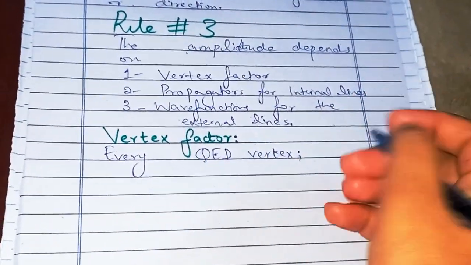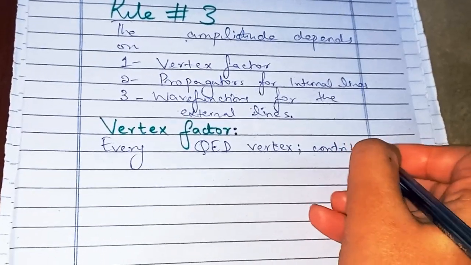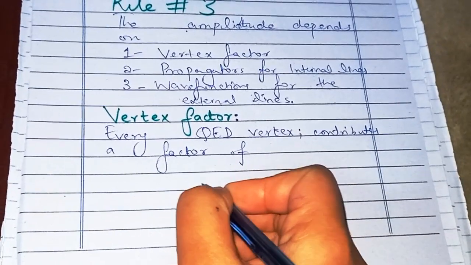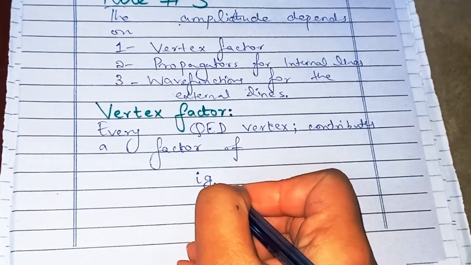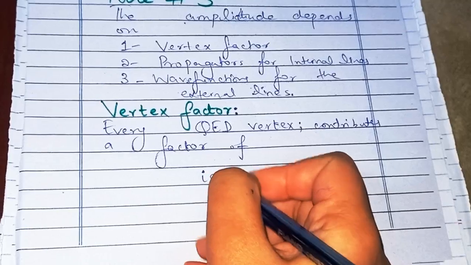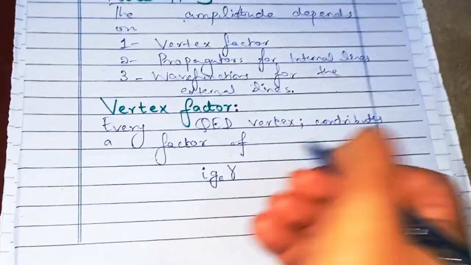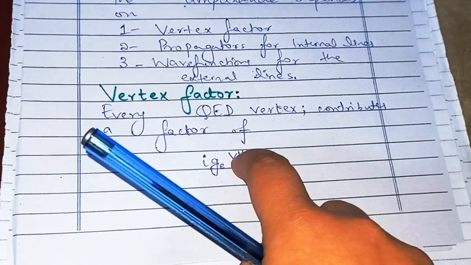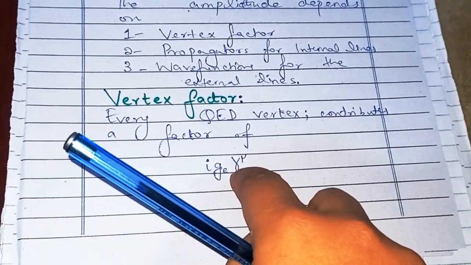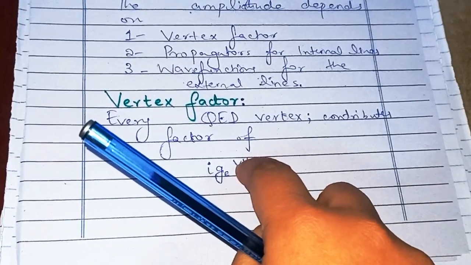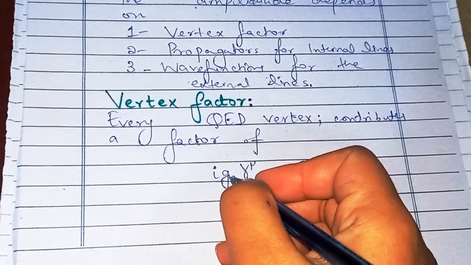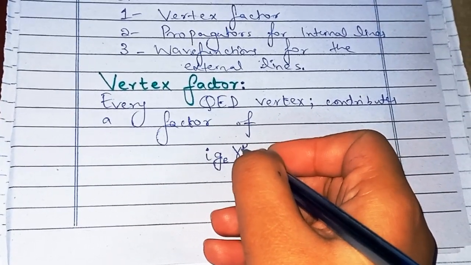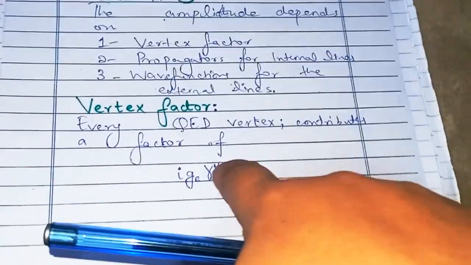So each vertex contributes a factor of i g_e, which incorporates the electron part, times gamma, which is actually the propagator that is involved, with index mu on it, which shows that this is linked to the photon. Okay, we can see here that it is linked to the electron, and that mu shows the photon part, so that is linked to the photon.